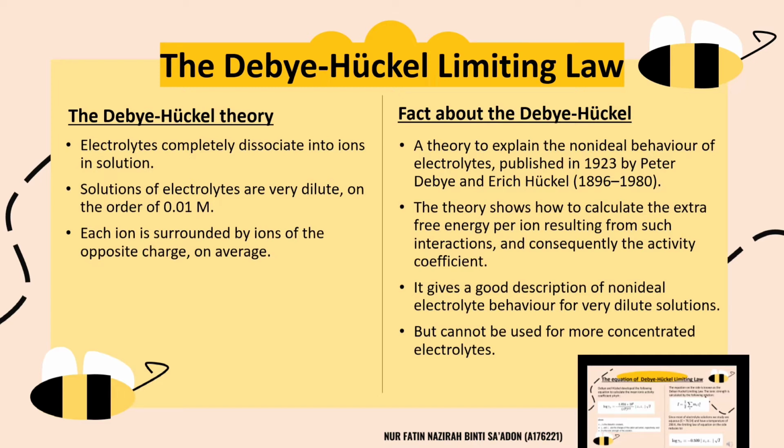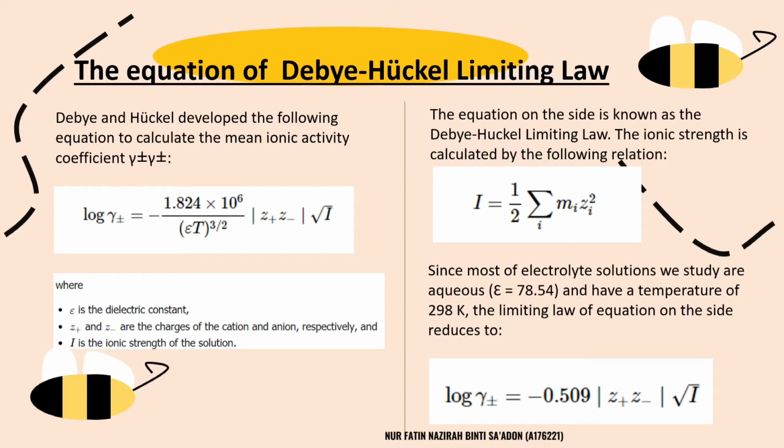The theory shows how to calculate the extra free energy per ion resulting from each interaction and consequently the activity coefficient. It gives a good description of non-ideal electrolyte behavior for very dilute solutions, but it cannot be used for more concentrated electrolytes.